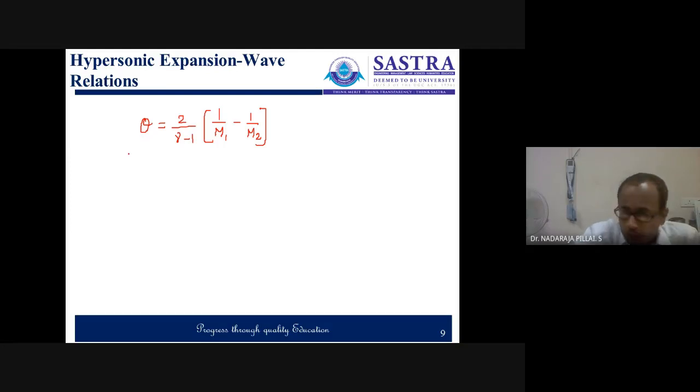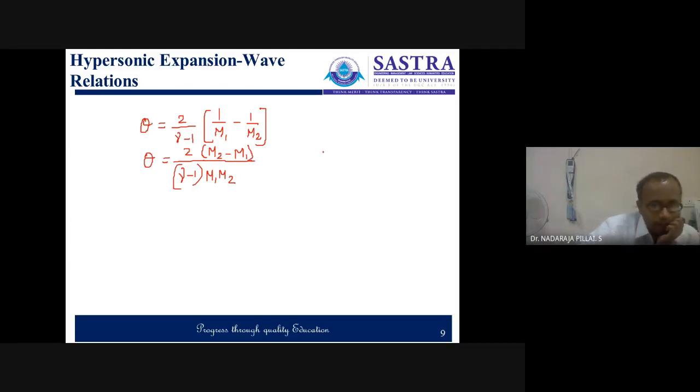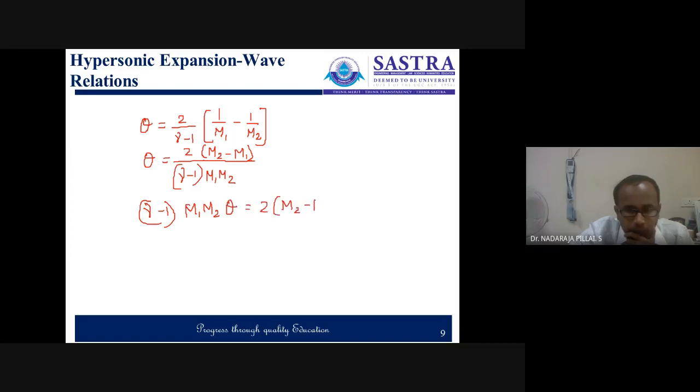Say theta is equal to 2 by gamma minus 1, M1 M2, here it can be M2 minus M1. So we can write this somehow, say gamma minus 1 into M1 M2 into theta is equal to 2 into M2 minus M1.